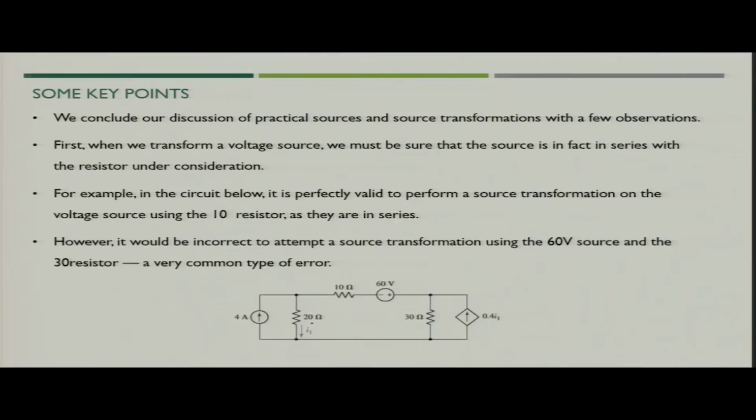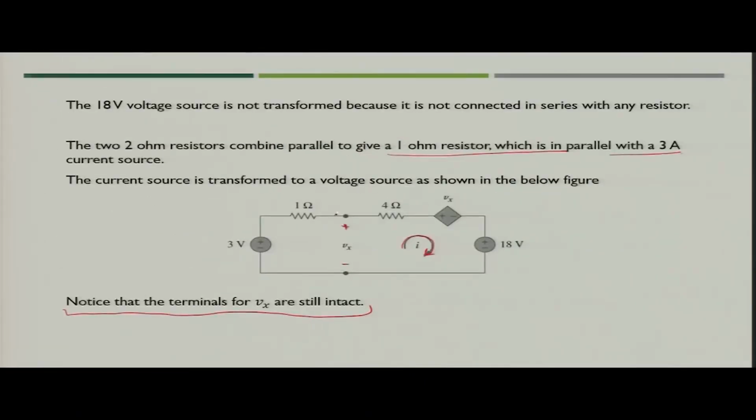If you see the voltage across these two terminals A, B, what would be the value of Vx? Vx would be nothing but, you know that the current flowing through this 1 ohm is I, which we have considered in the calculation of the first loop.